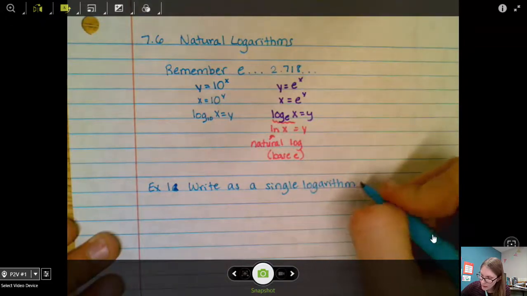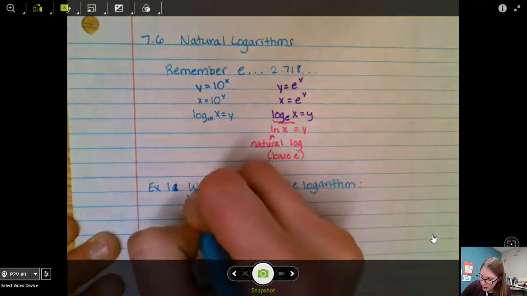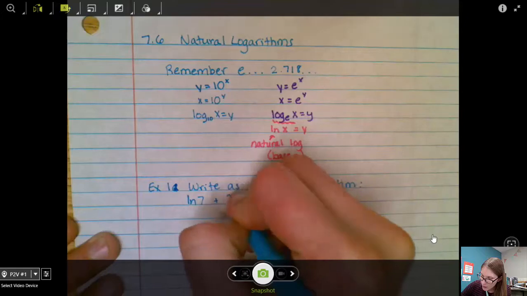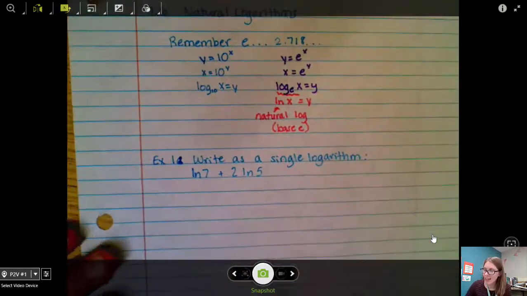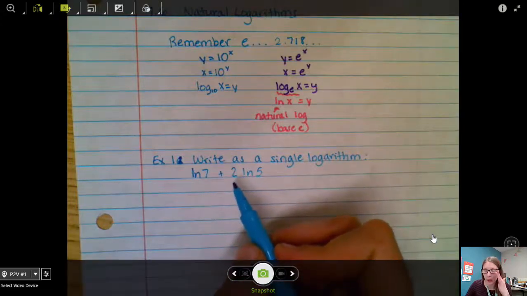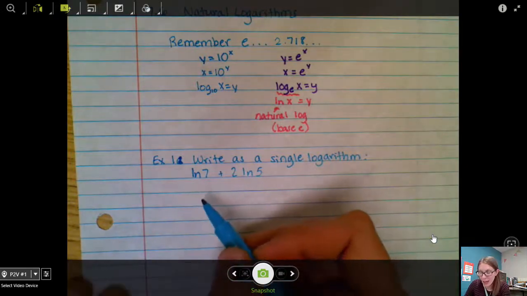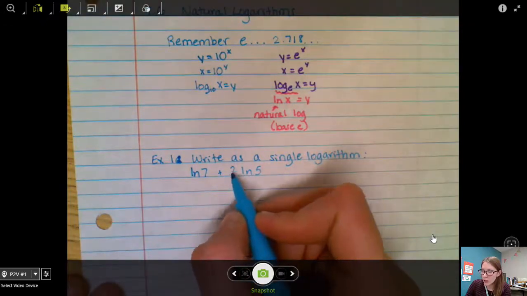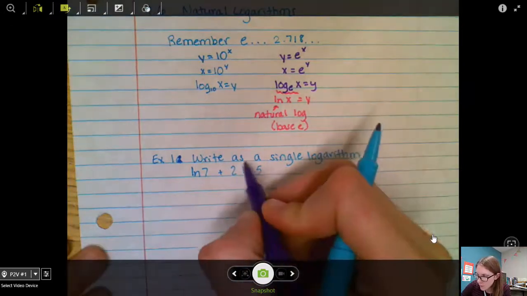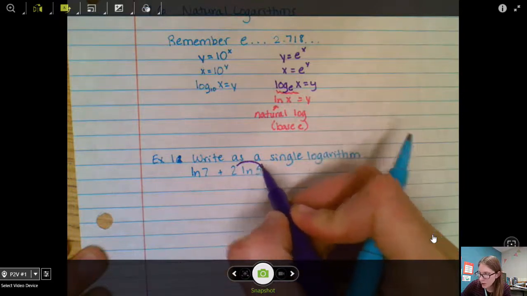And I'll do 2 pieces here. The first piece, the natural log of 7 plus 2 times the natural log of 5. You might notice, hey, we have one log added to another. I have to multiply pieces, but again, we have to deal with this 2 first. This 2 goes in as an exponent. We have to do that first.